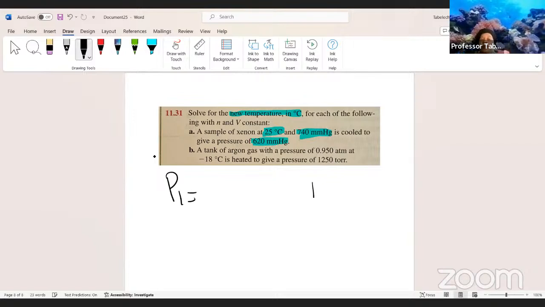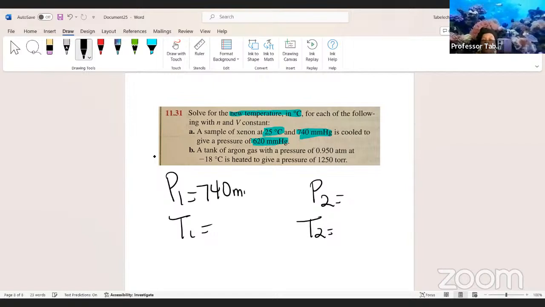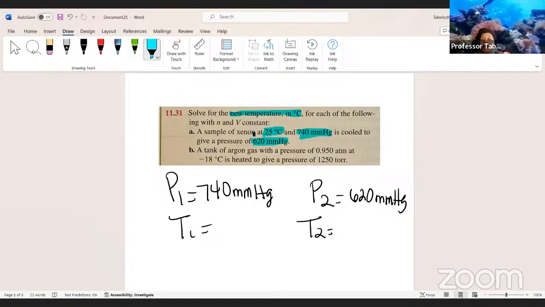P1 equals, P2 equals, T1 equals, T2 equals. The first pressure reading was 740 millimeters of mercury. It cooled to a pressure of 620 millimeters of mercury. So we already know that our pressure has dropped.